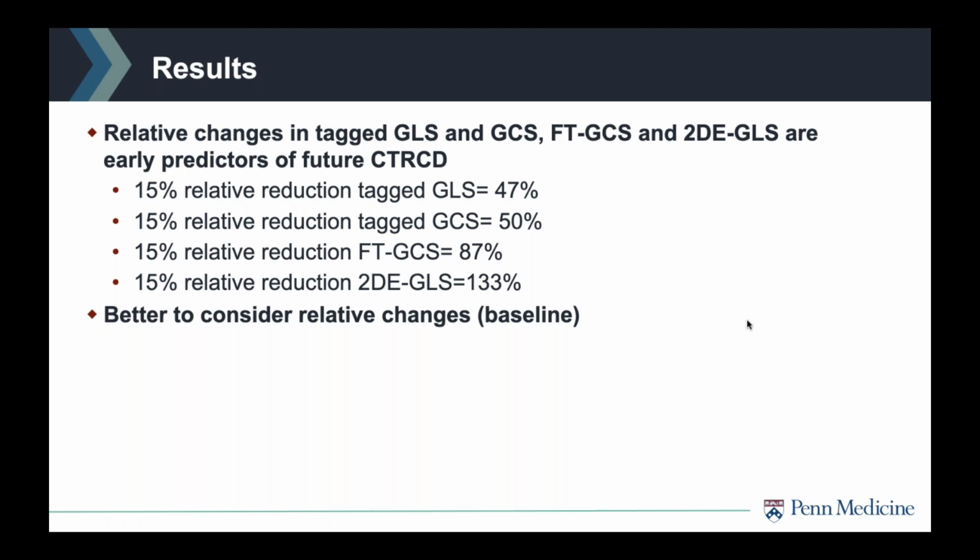A 15% relative reduction in feature tracking GCS increased the odds by 87%. And finally, a 15% relative reduction in 2D echo GLS increased the odds of future CTR-CD by 133%. It's better to consider relative changes to baseline compared to absolute changes.